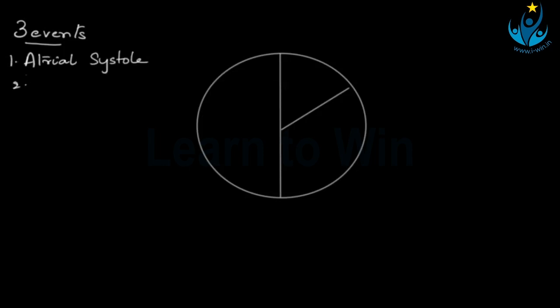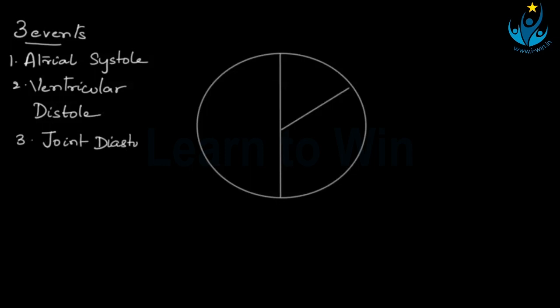The second one is ventricular systole, and the third one is joint diastole. So these are the three events that are associated with a heartbeat.